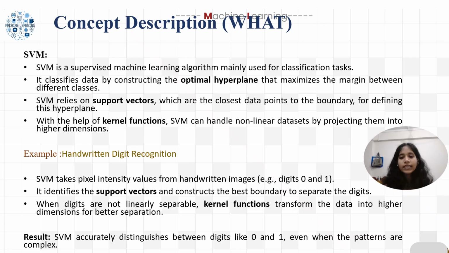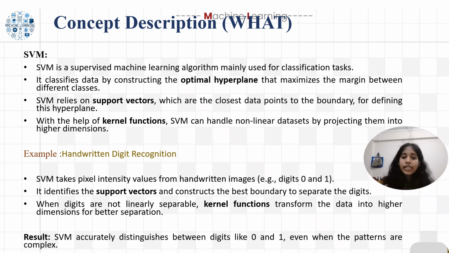Now, let's understand an example of SVM. If you want to recognize handwritten digits, this is how SVM works. It takes the pixel intensity values from the handwritten images, identifies the support vectors, and constructs the best boundary that separates them, telling us whether the digit belongs to this class or that class.